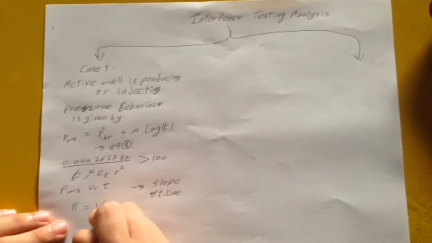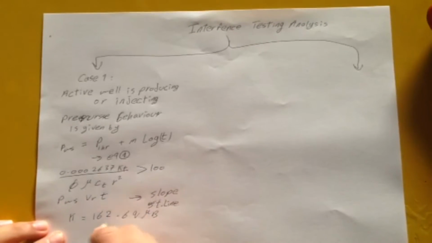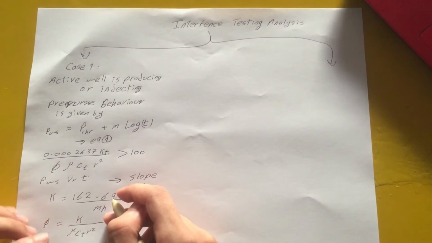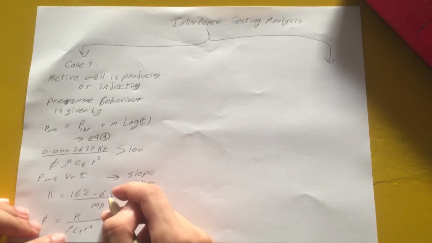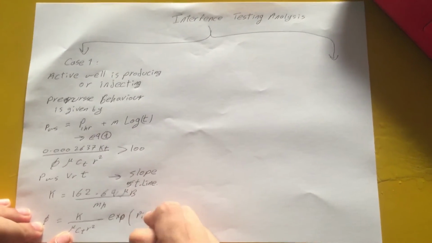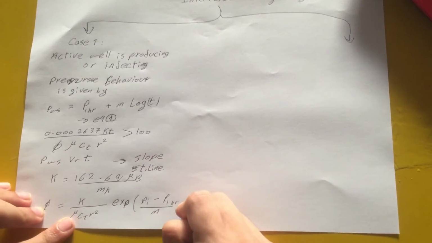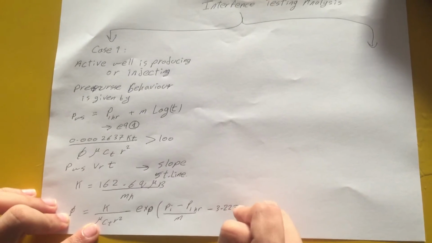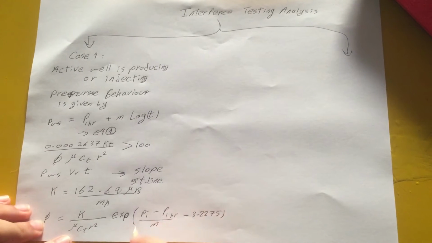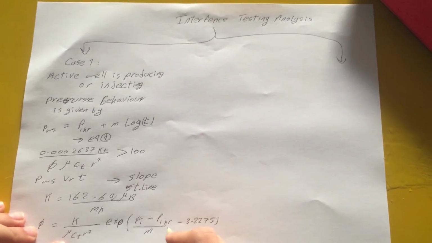We calculate it like that: 162.6 q mu over m h. Then we have k over phi mu ct r squared, which we multiply by the exponential of P at 1 hour minus Pi over m, the slope, minus 3.2275. So we can get the porosity. Of course, we get P1 hour from the semi-log straight line at t equal 1 hour.